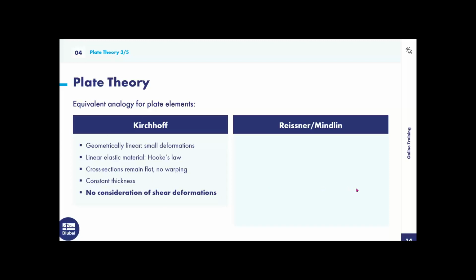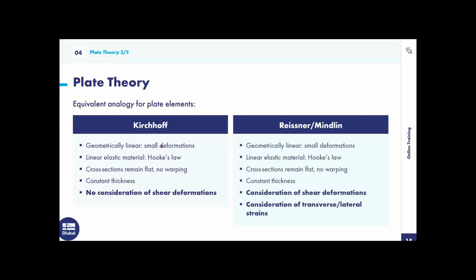For the Reissner-Mindlin theory, we assume basically the same as for the Kirchhoff theory, but the only difference is that the shear deformations are considered, and we make a consideration of transverse and lateral strains.